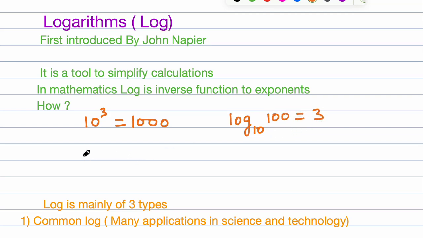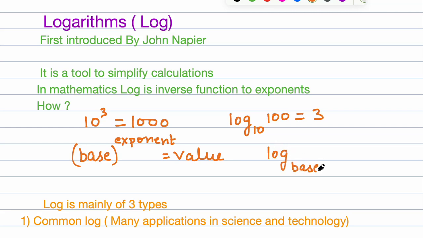So, in terms of exponents, this is known as the base, the power is known as the power or exponent, and the result is the value, right? If we convert it into log, whatever is the base for the exponent is the base for the log.